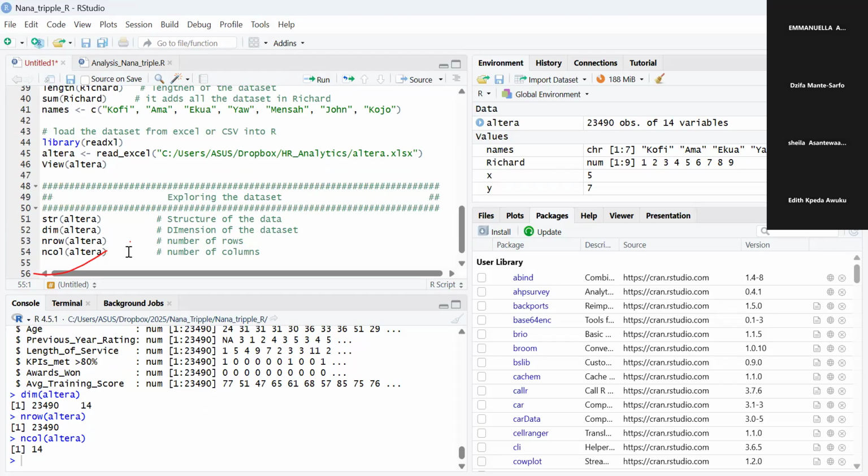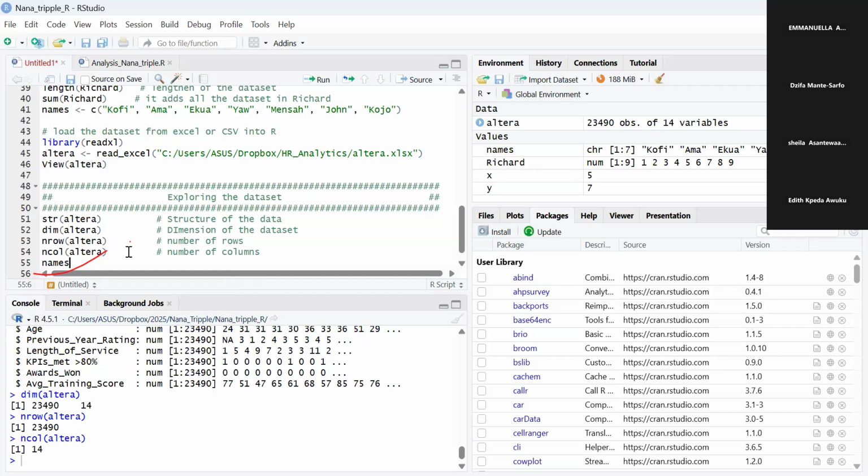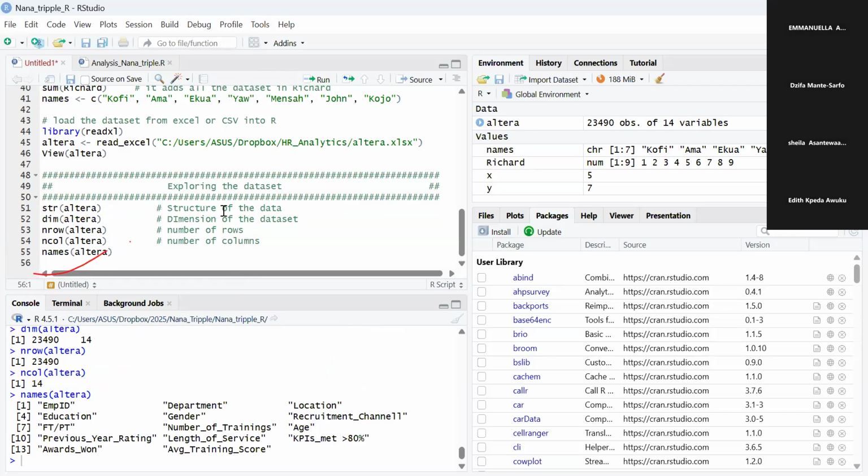Yes, Prof. Yes, please. Then there's something funny I need you to know. names of Altera. What is it telling you? It gives you the headers or the variable names.